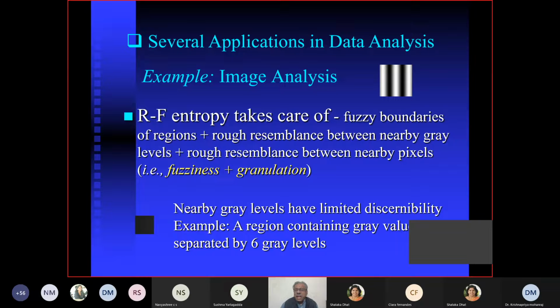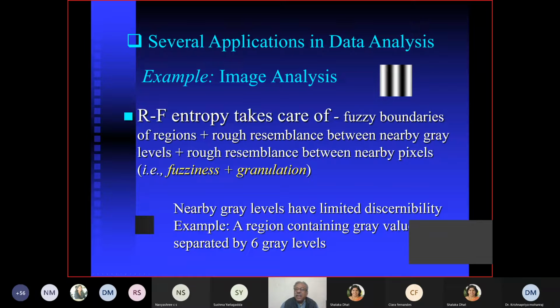Very nice example. So when you discretize the x-axis, y-axis, and L, you are making it a granulated one.